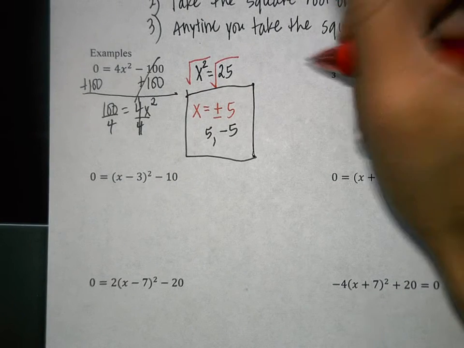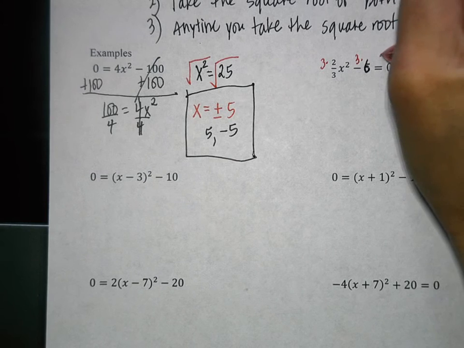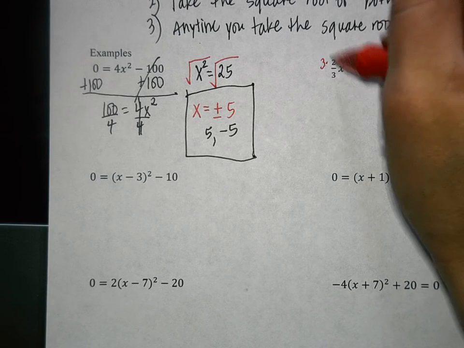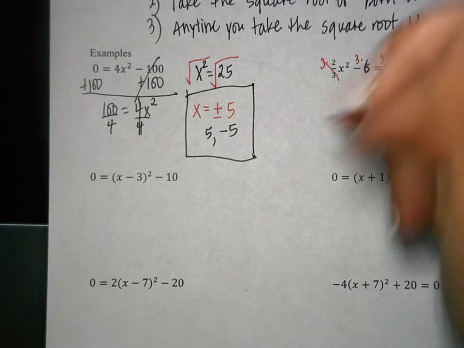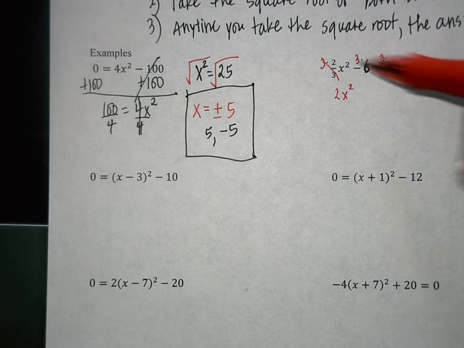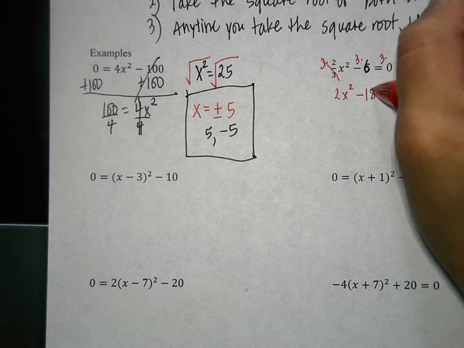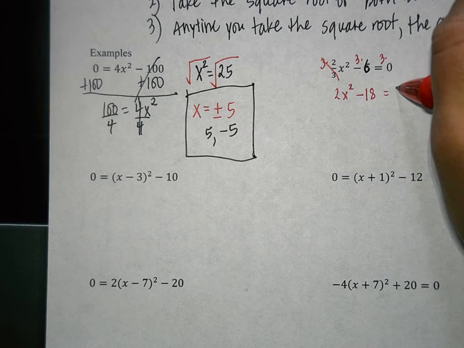So I'm going to do that to make it a little easier on myself. So I multiply every single term in the problem by 3 in order to eliminate the fraction. Where the fraction is, when I multiply by 3 and I have 2/3 here, those cancel. And so we're left with 2x squared. Good. Then we multiply 3 times negative 6, which is negative 18. And 3 times 0 is 0.